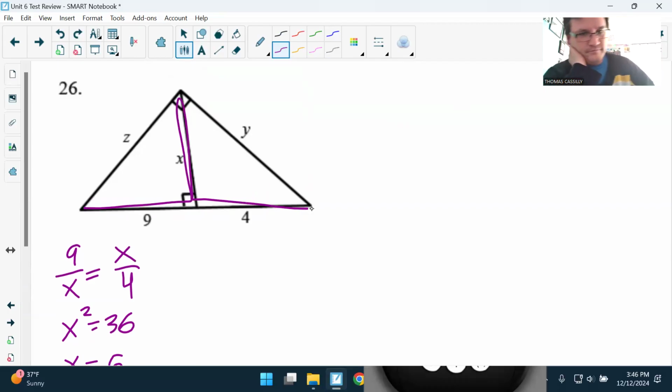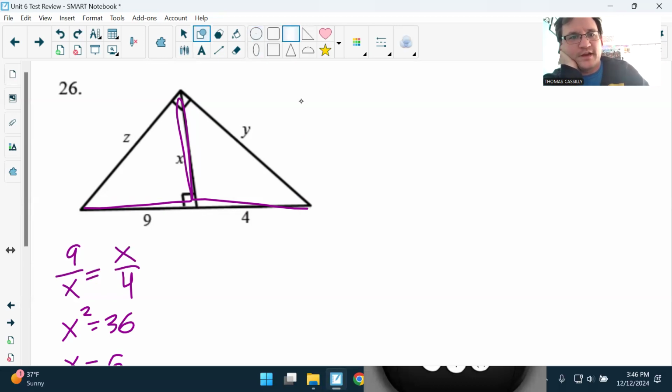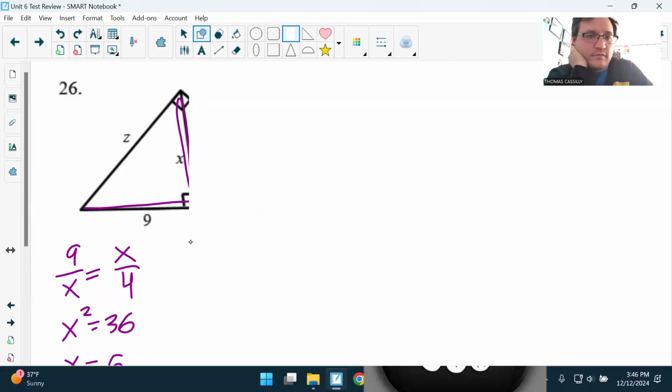Now the next one, a little bit more involved. Let's find z. If you notice, z is a leg of the big triangle. But if we focus our attention on just the left side, z is a hypotenuse of that smaller triangle.